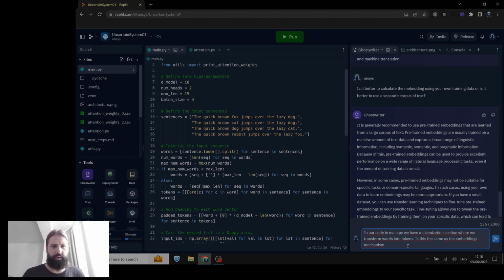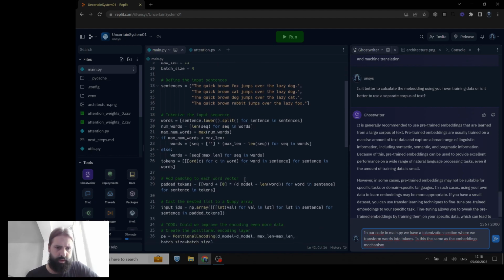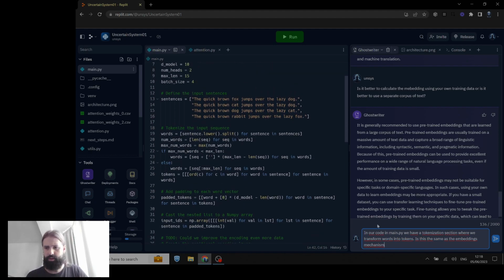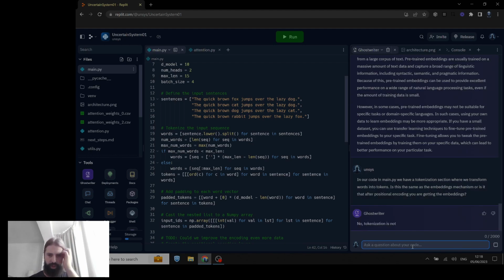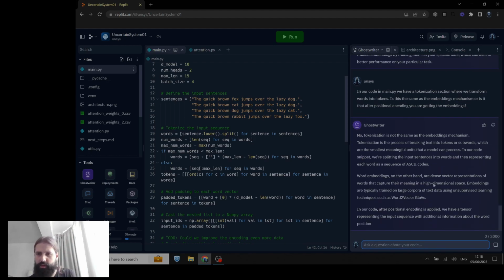Because what we're doing is tokenizing it. Or is it that after positional encoding you're getting the embeddings? You know what I mean? I'm confused as to whether this is what we're doing here, or tokenization is not an embedding mechanism.